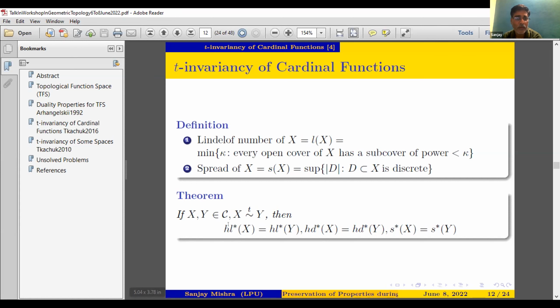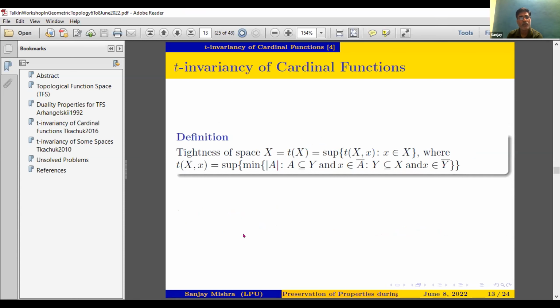This is the Lindelof number, this is the density, and here it is the spread. The star or h tells us that hereditary means we consider the closed sets of this space X, and the star tells us that we consider non-empty sets of tau X. So these are also three cardinal invariants we have.